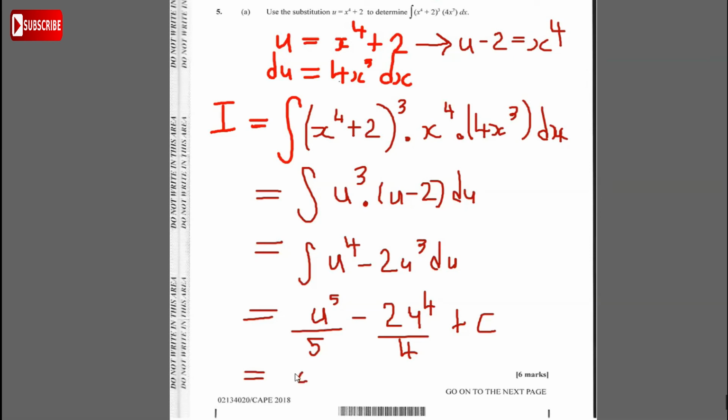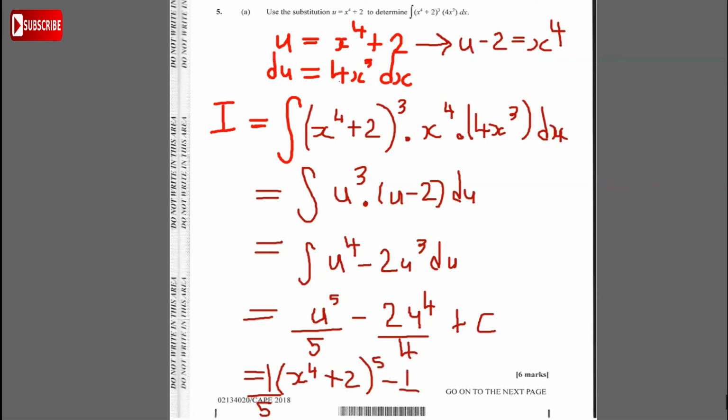All of this just works out to be x to the 4 plus 2 raised to the 5th power. And instead of saying divide by 5, I'm going to put 1 over 5 on the outside. So it's 1/5 of this, minus 2 over 4 is really a half.